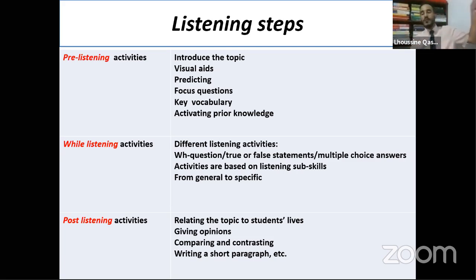You can write four vocab words on the board: flying a kite, going swimming, doing karate, playing soccer. Now, from these key vocab, can you guess the main idea of the listening? All these activate your students' schemata, your students' prior knowledge.